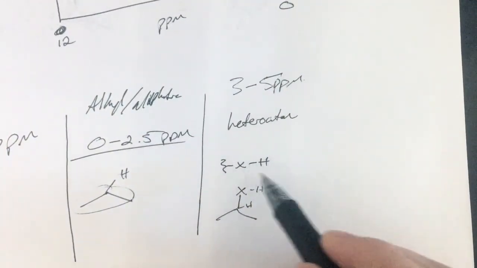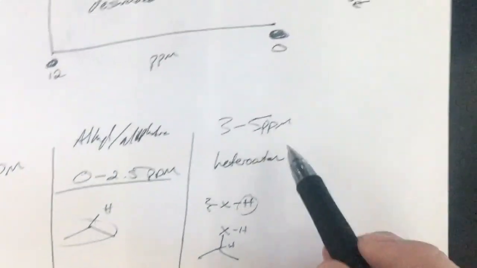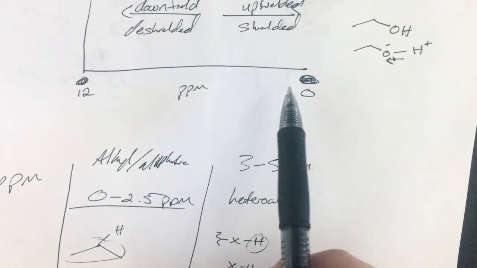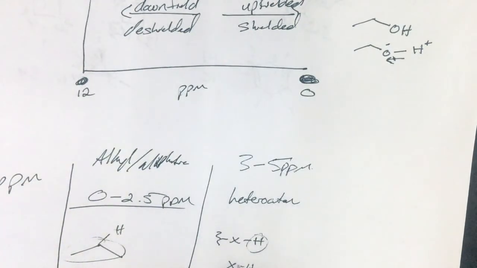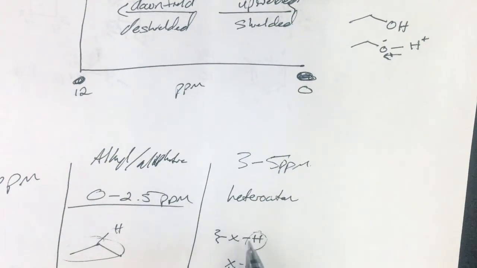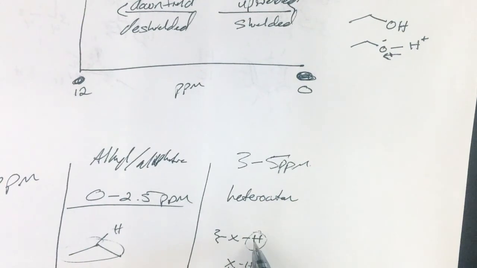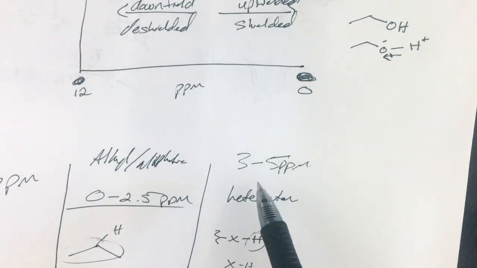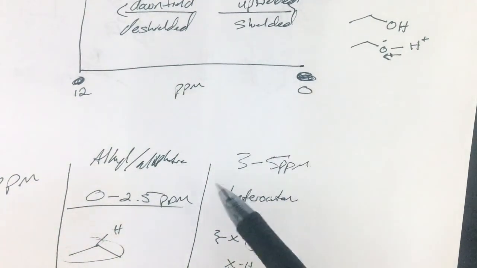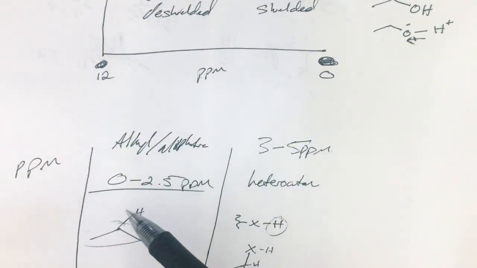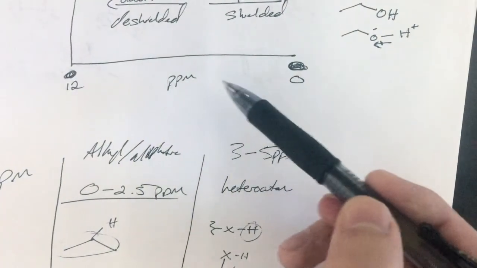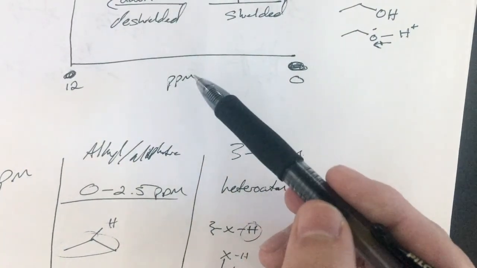This signal is going to occur in this range. Okay, so going back to the graph, this electronegative atom is pulling electrons away from this proton, and so it has less protection, and so it's de-shielded. So again, in comparison to something that doesn't have an electronegative atom, it's going to occur more downfield.